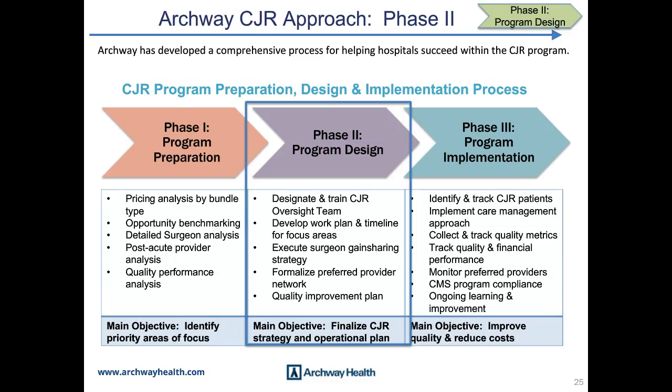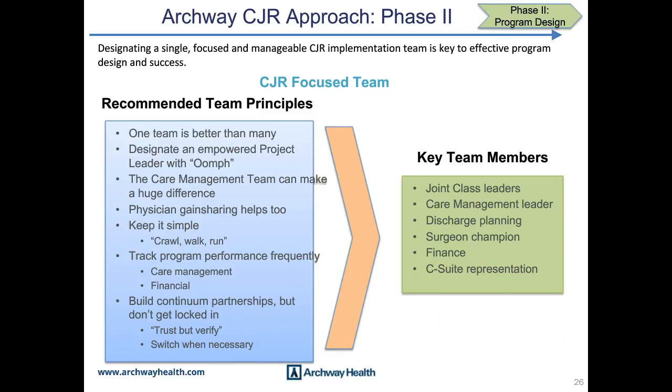Phase 2, program design. I'm going to go through this pretty quickly. Once we have the data and understand what those 2 or 3 areas of focus are, there are a couple things that we try to help providers with. One is creating a really good team. Another mistake we sometimes see folks make is having 4 or 5 teams participating in implementing these programs.